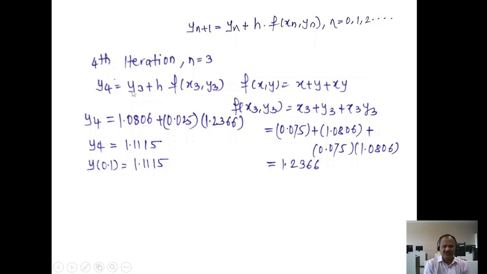So y4 is y3, which is 1.0806, plus h, which is 0.025, into 1.2366. Here you can do the multiplication and add this value. So y4 is 1.1115. So this value is y at x = 0.1. So the value is 1.1115.